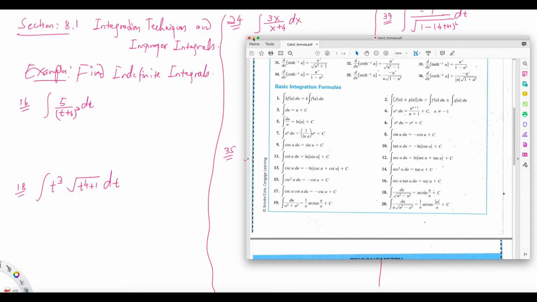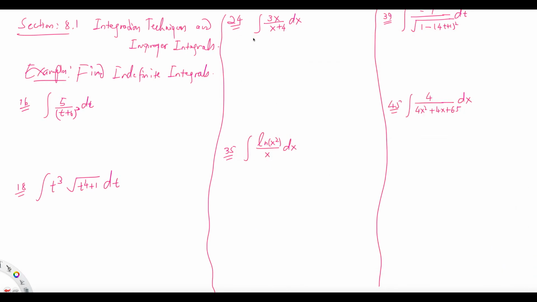You can use these formulas directly, or you can do the long way, meaning a substitution method or whatever method you know. So let us do the first problem here. It has 5 over t plus 6 to the third.